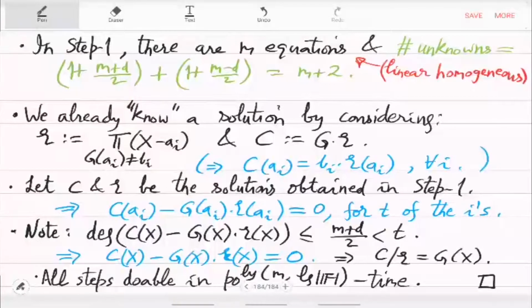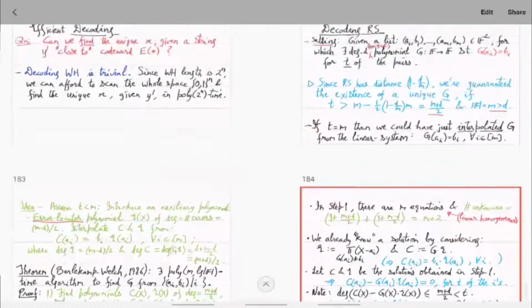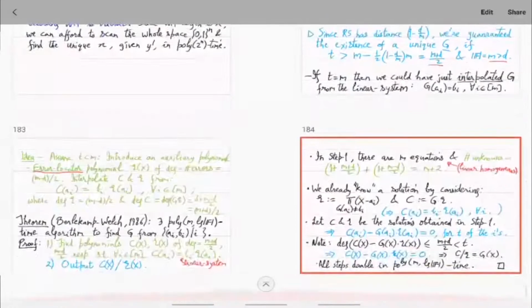You can do addition, multiplication, and also division. All these field operations, ring operations can be done in polynomial time. So, this finishes the Berlekamp-Welch decoder for the Reed-Solomon code. This is one of the nicest algorithms in algebra, and this is what we will build on as we move forward to more complicated encodings.